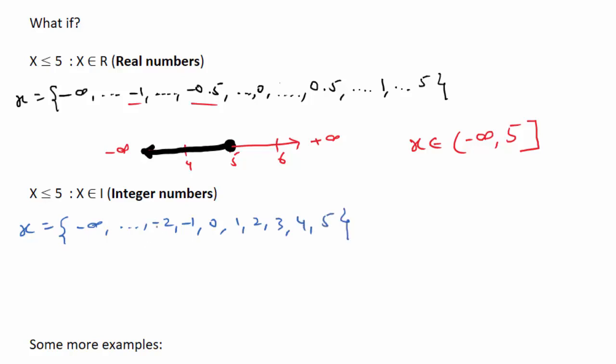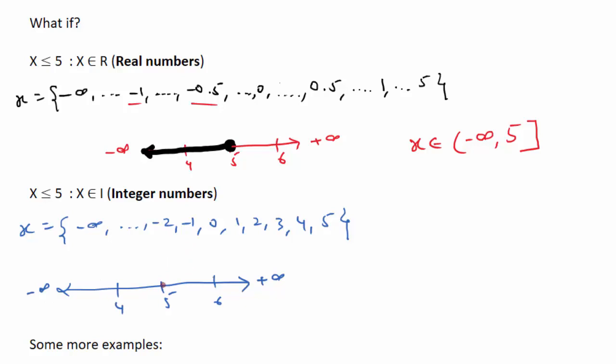If you notice, we have not included values with decimal parts, because x is an integer, right? So to represent it on the number line, we will draw plus infinity on the right side and minus infinity on the left side, and here we will have 6, then 5, then 4, and so on.